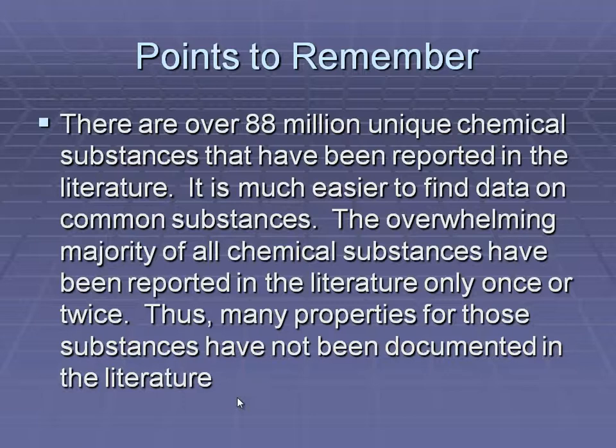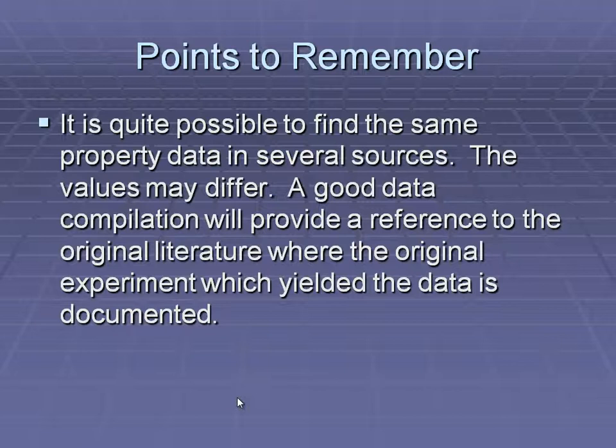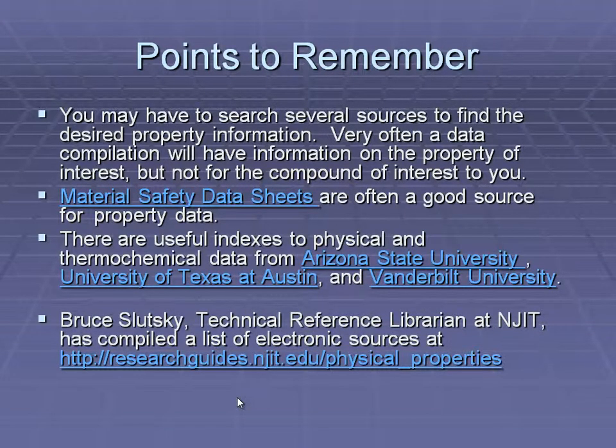Obviously, the more common the substance is, the easier it is to find the data on that substance. And again, it's possible for a common substance to be found in different sources, and the values may vary slightly. If it's not a common substance, you may have to search several sources to find the data you need.